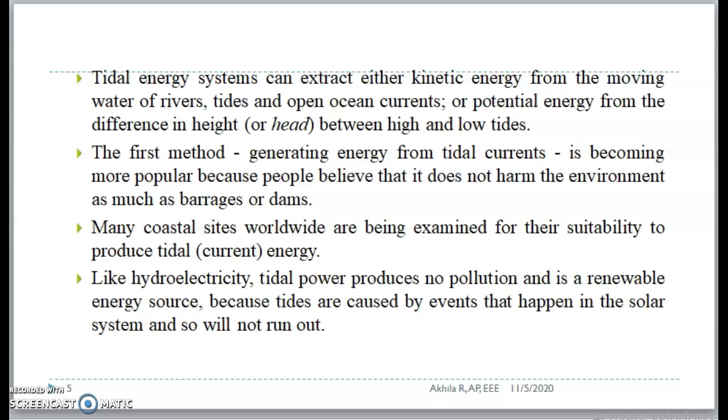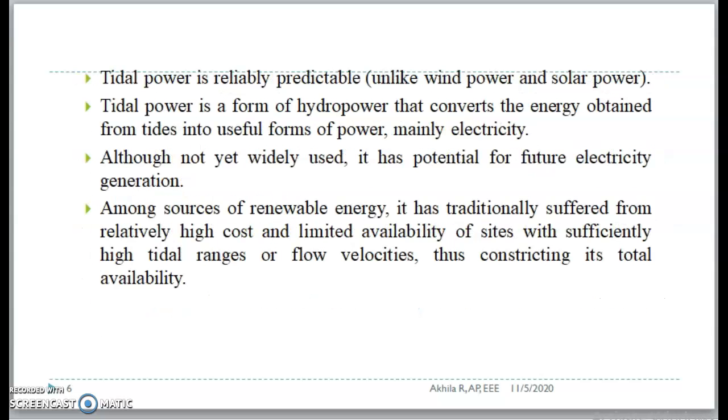Many coastal sites worldwide are being examined for their suitability to produce tidal energy. And like hydroelectricity, tidal power produces no pollution and is a renewable source, because it depends on events that happen in the solar system, and so will never run out. Tidal power is reliably predictable when compared with solar or wind, and it is a form of hydropower that converts the energy obtained from tides into useful forms, mainly electricity.